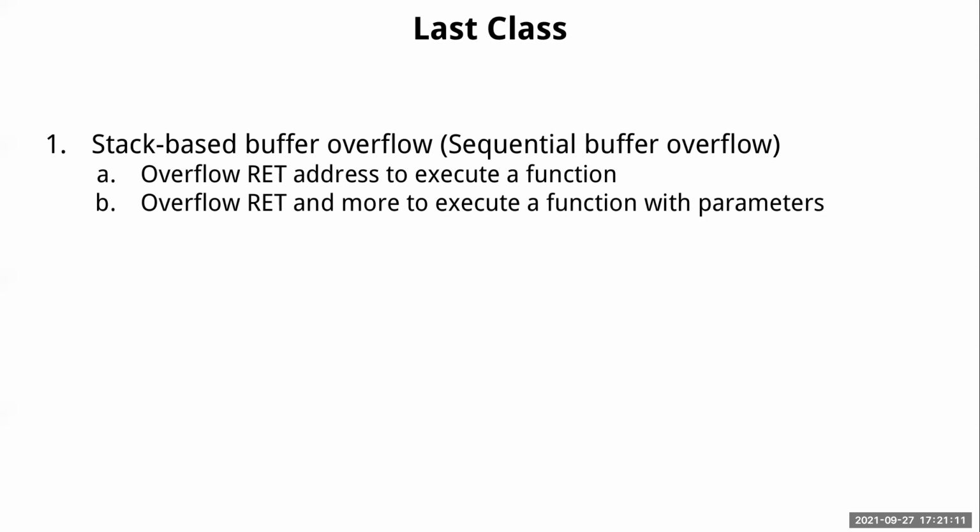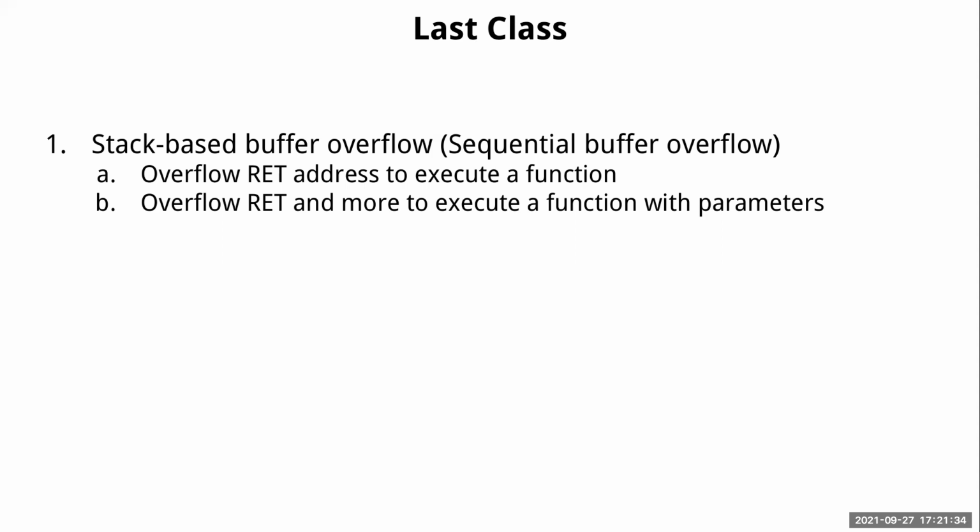Going back to what we're going to learn today. Last week we started doing the sequential buffer overflow to overflow the return address, but we just overflowed the return address to some existing code address, a function address.